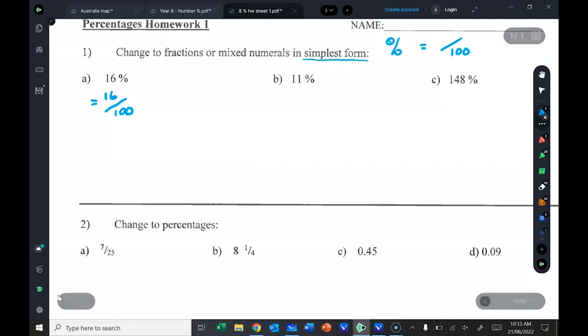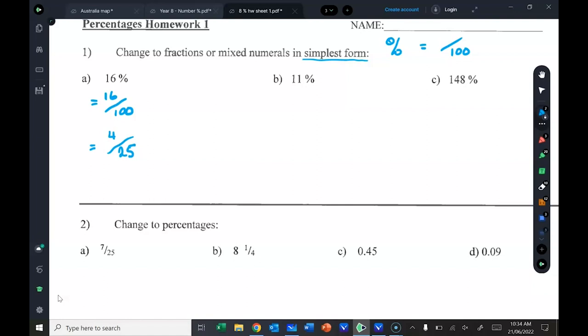You can put this in your calculator, but what you're doing is coming up with an equivalent fraction. I can see that 4 will go into 16 4 times, and 4 will go into 100 25 times. So in its simplest form that is 4 over 25. To get the full marks, you'll have to go all the way to the simplest fraction.